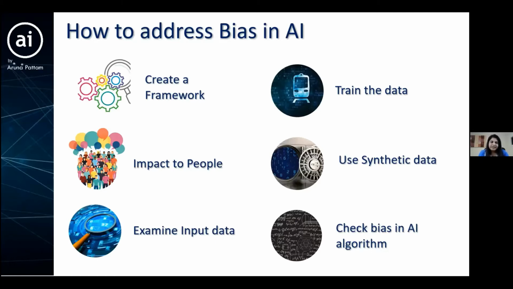Examine the input data. As Vibhav mentioned before, AI starts with data, right? When you are building an AI model, of course, the model is to address a particular business objective, problem or challenge. You need to make sure that the data you choose is relevant to the business problem you're trying to solve.